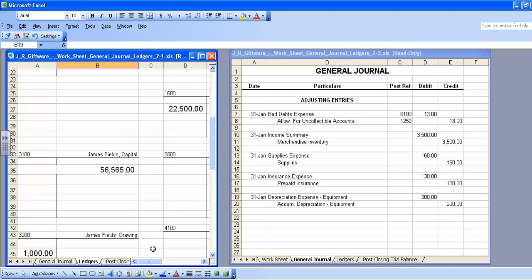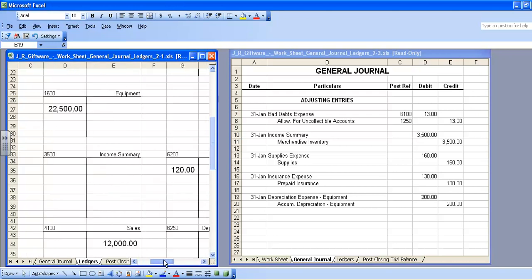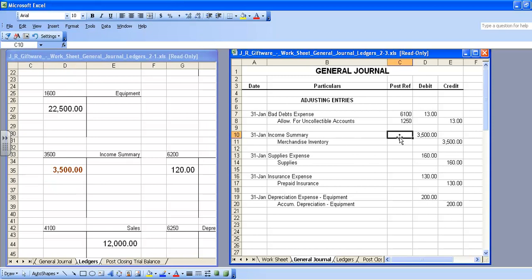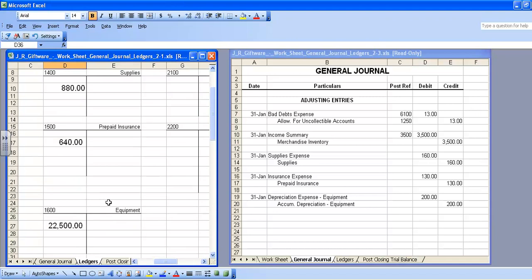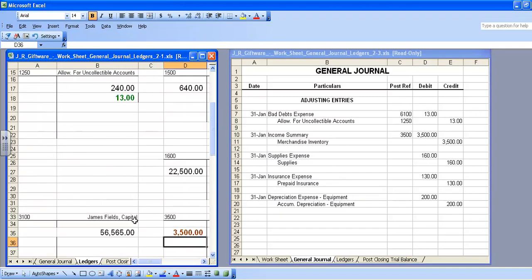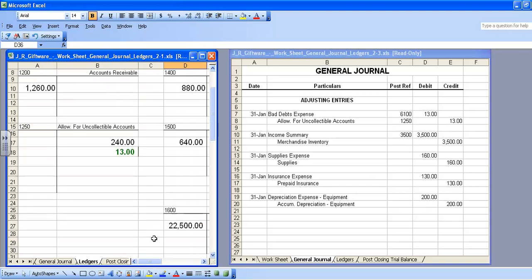As I'm going along, the next one I'm looking for is income summary. Income summary is a debit, $3,500. It just so happens that the account number is also 3500. That is just a coincidence. Now I'm looking for merchandise inventory in my ledgers somewhere.